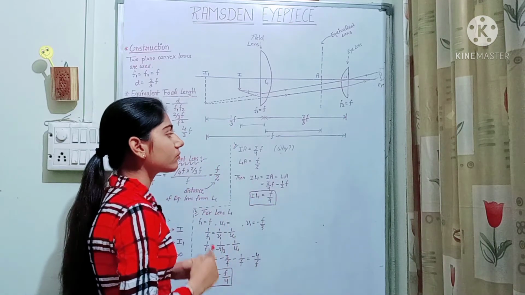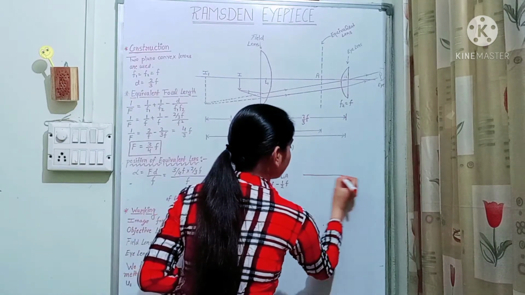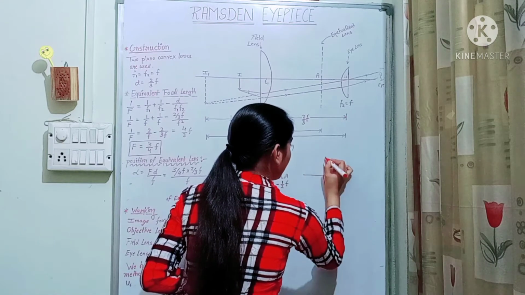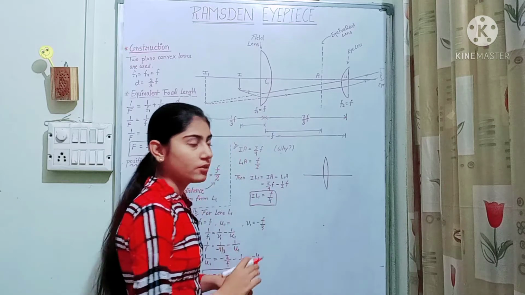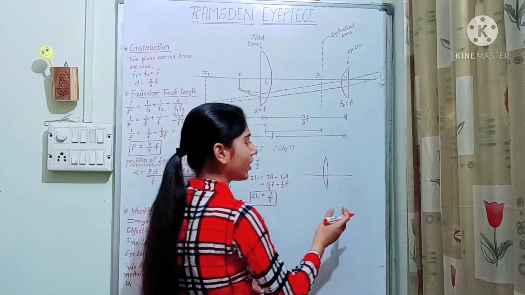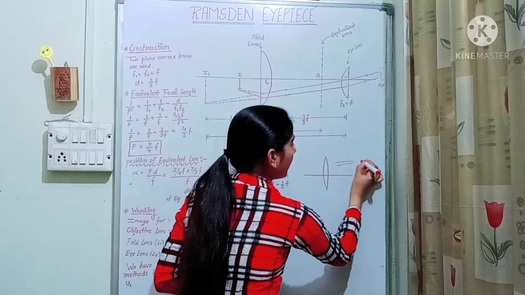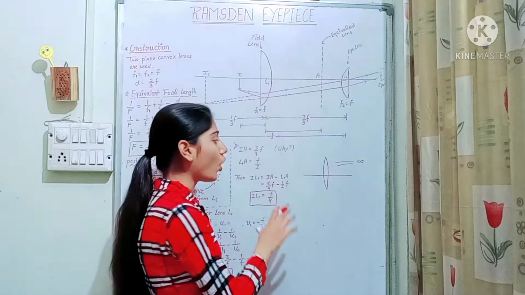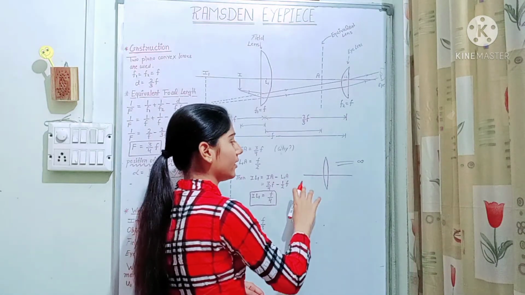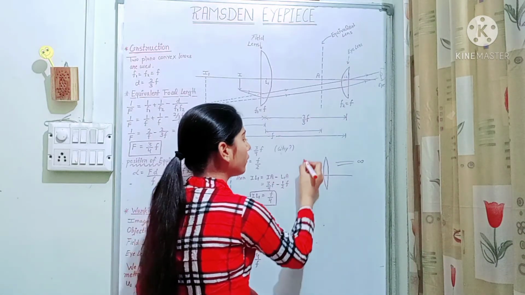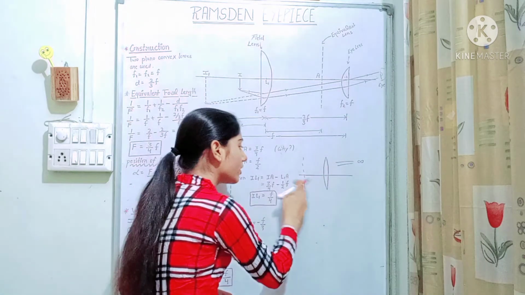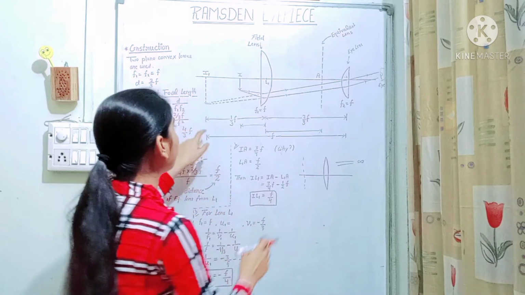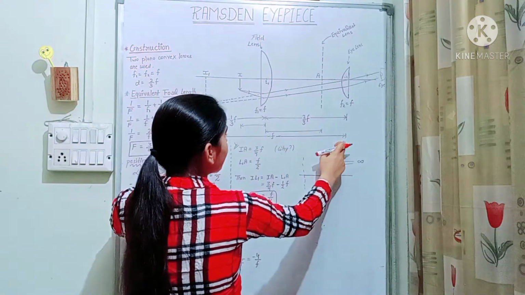See here, if any lens forms the image of an object at infinity, then the object should be placed in the focal plane of this lens. Using this property, we get that this distance is f.